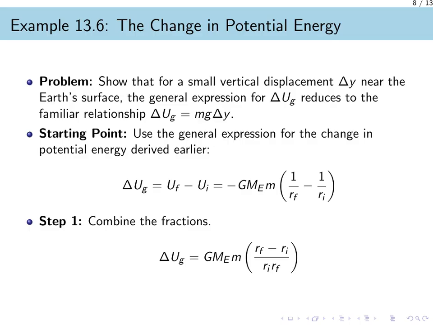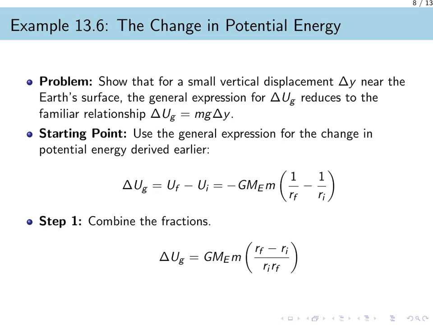We will simplify the expression by combining the two fractions inside the parentheses. Finding a common denominator of r sub i times r sub f gives us a single fraction. After we combine the terms, we can absorb the negative sign from the front of the expression to flip the order of the terms in the numerator.